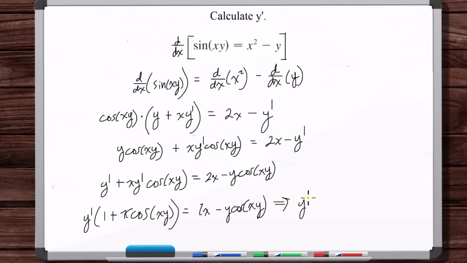Okay, so y prime is equal to that's the derivative.